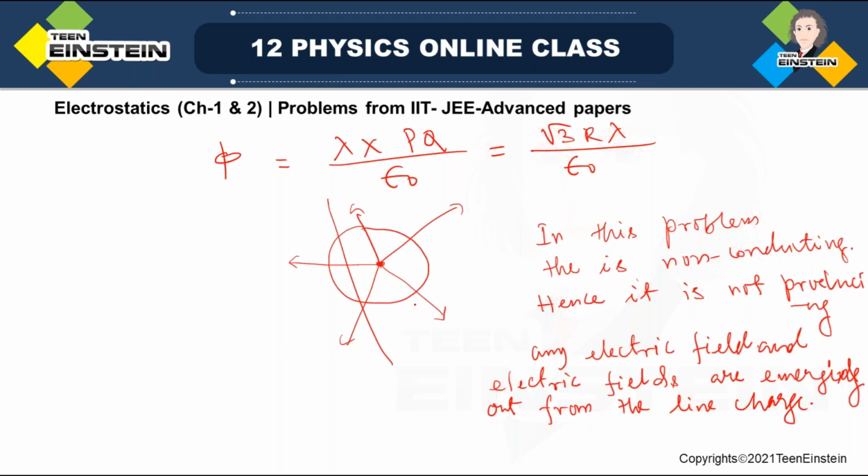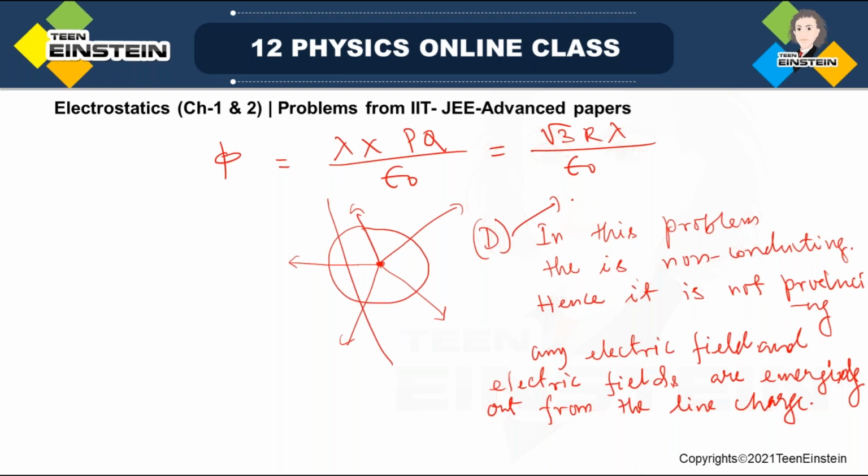So therefore we cannot claim that electric field lines will be perpendicular to the surface. That we cannot claim. So that's why option D is wrong.